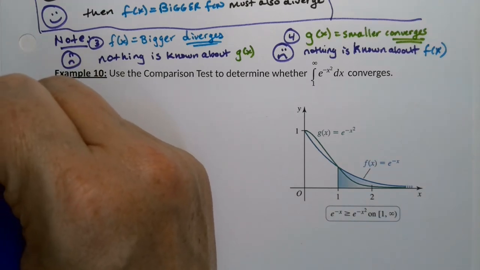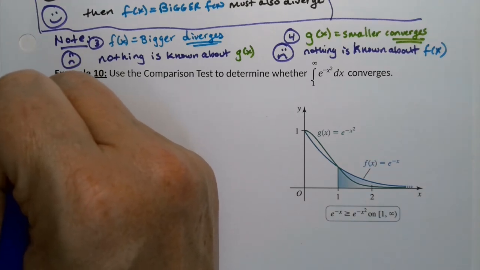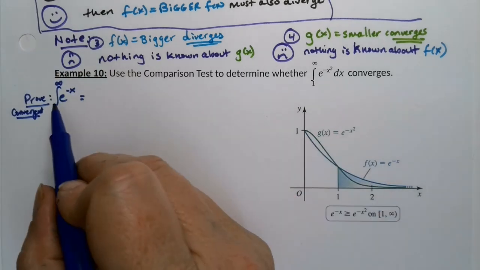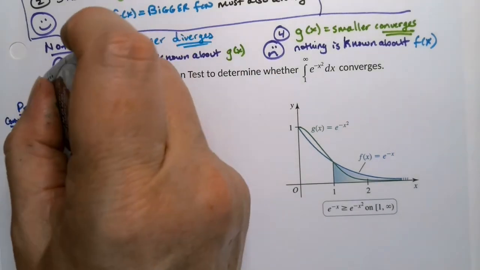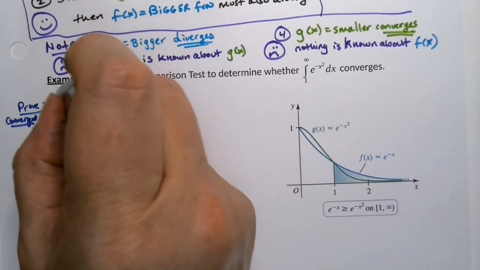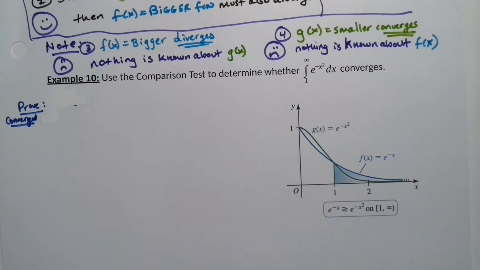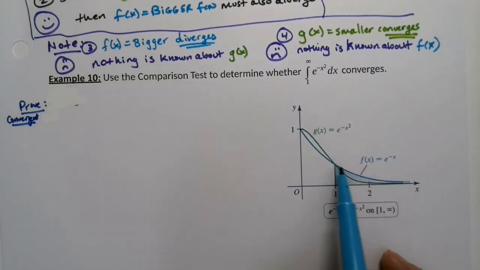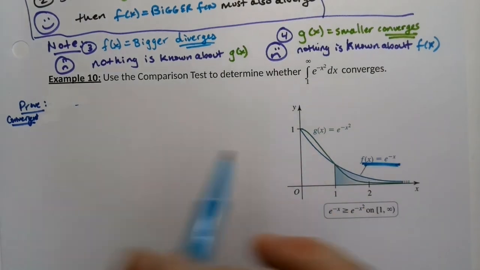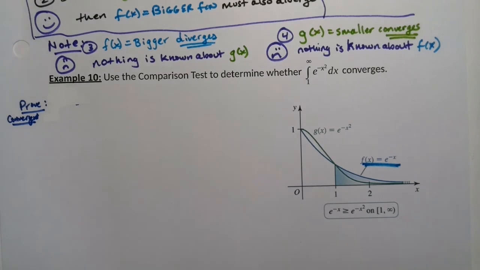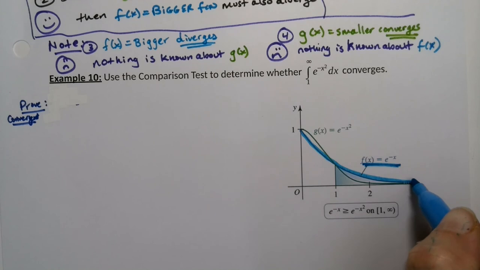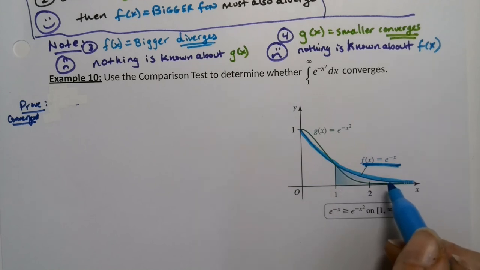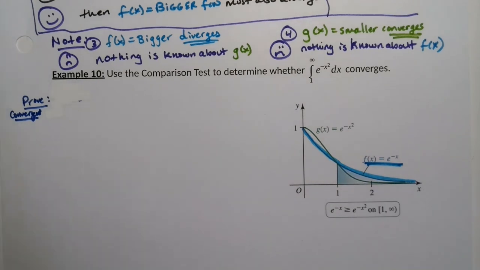I want to prove convergent for the larger function, this one right here. It's not large at the beginning, but it is larger at the end, and that's what matters: the fact that that curve is above the other curve for the tail piece.